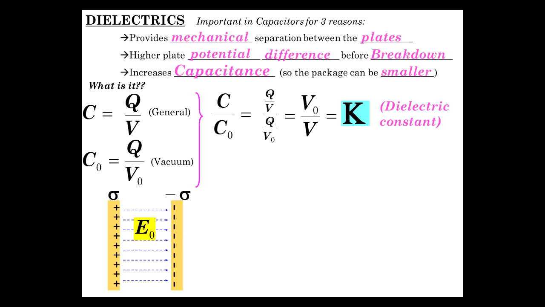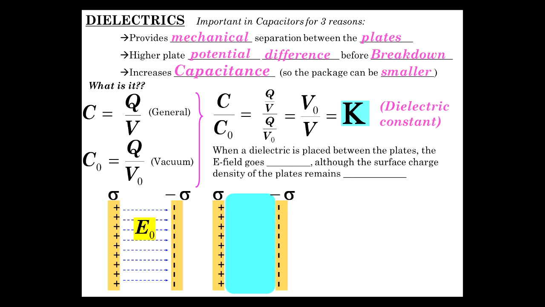Now, two charged parallel plates, sigma, negative sigma, and epsilon 0. There's no dielectric in there right now, so we have an electric field. Now, sigma, negative sigma, we're doing nothing with the charge, and that's right, we put in a dielectric.